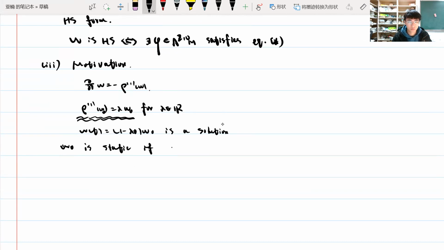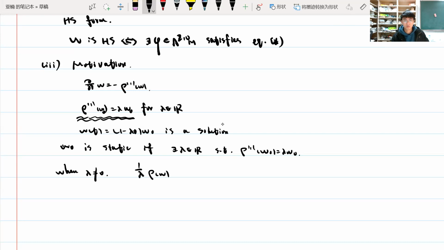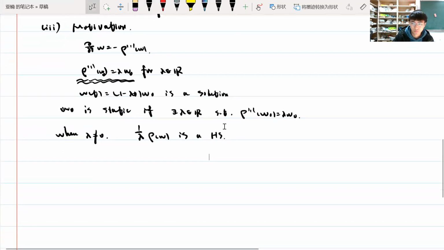When the coefficient λ is not 0, then Ω is a Hermitian symplectic form.